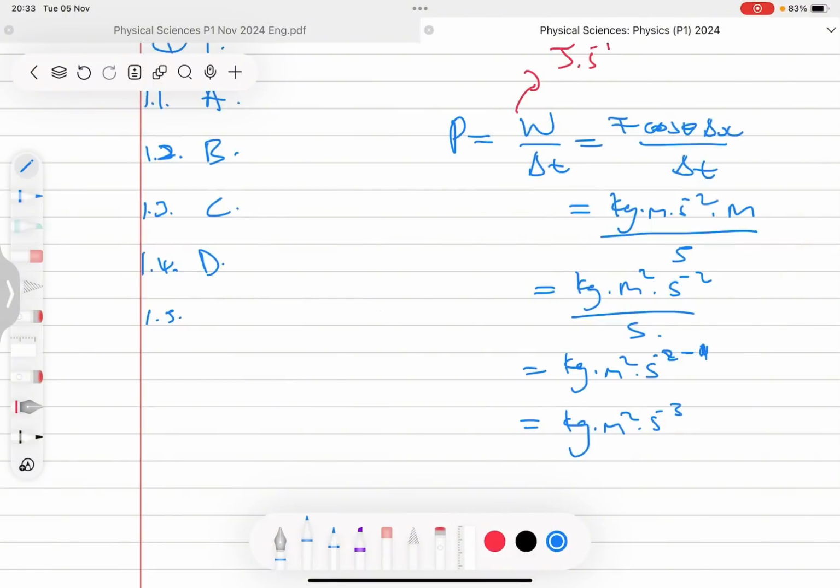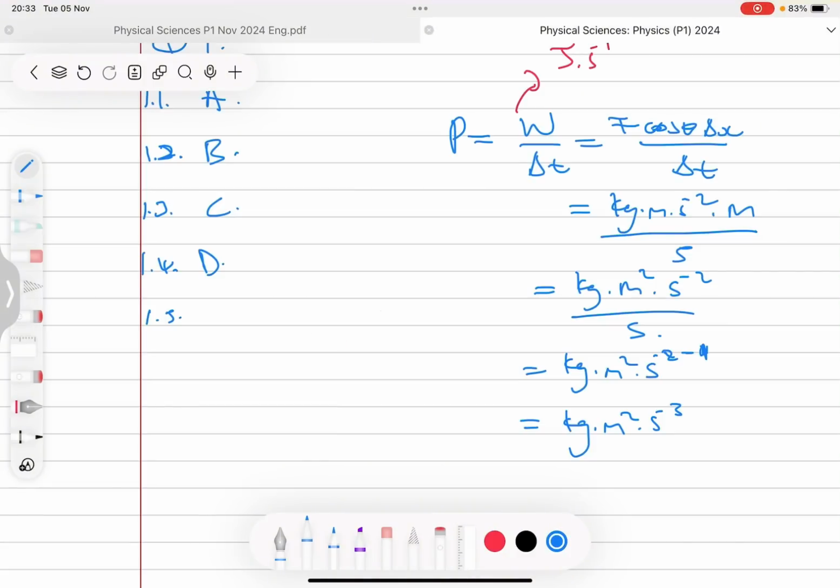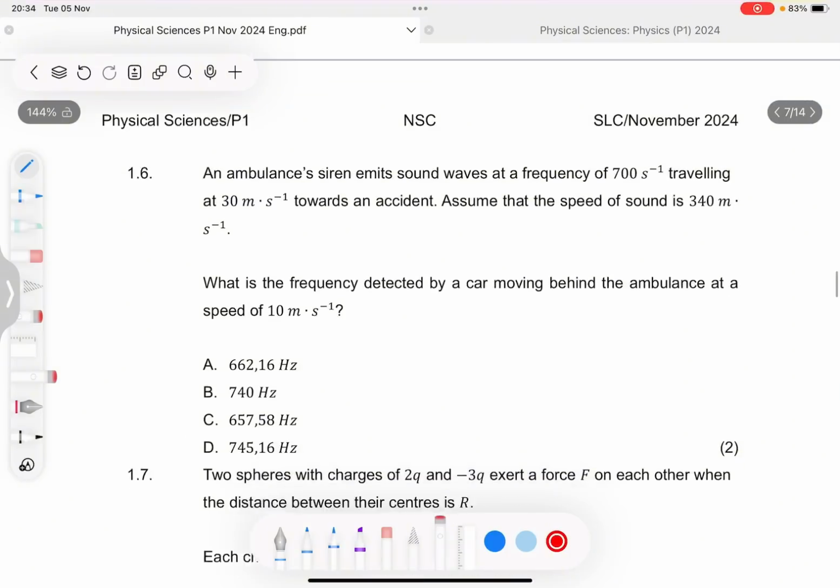So this is negative 1, not 11. Negative 1 should give me a negative 3. Now let's see if we have that option. Kilogram meters squared per second to the power negative 3. We actually have that option as D. So the answer here would be D.